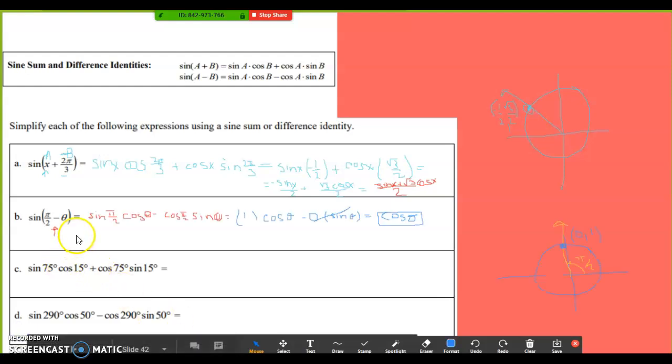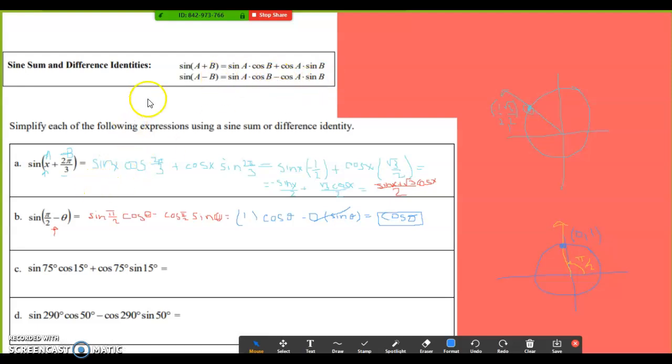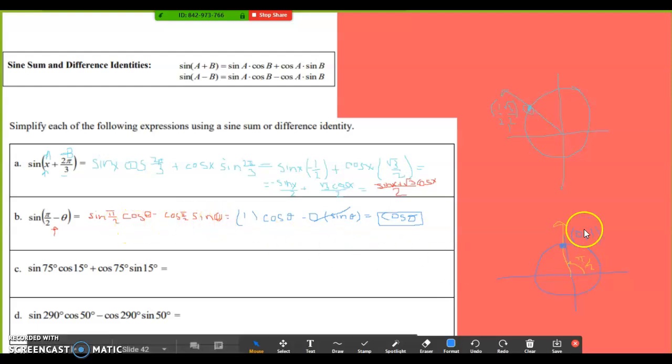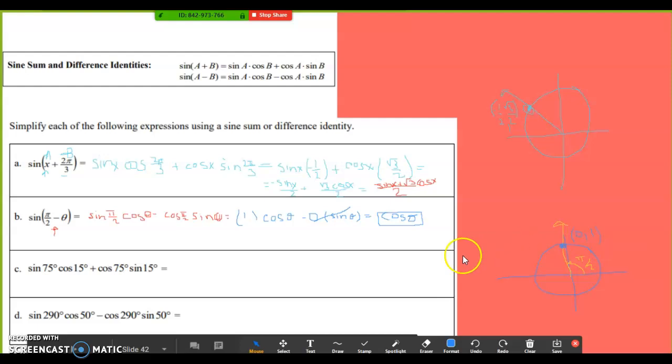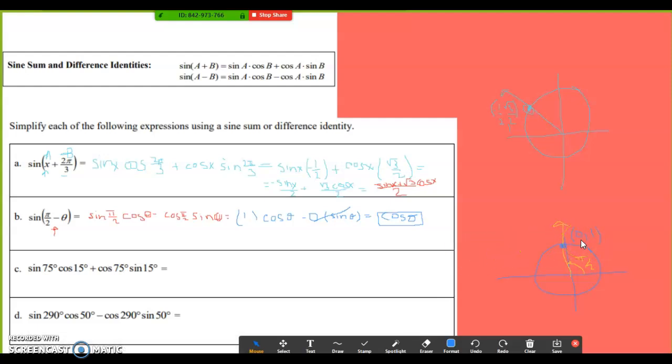Okay, did you get what I got? If we use the difference formula, we would have gotten the sine of pi over 2 times the cosine of theta minus the cosine of pi over 2 times the sine of theta. Now I know the sine of pi over 2 is 1 based on where it's at on the unit circle, and I know the cosine of pi over 2 is 0.